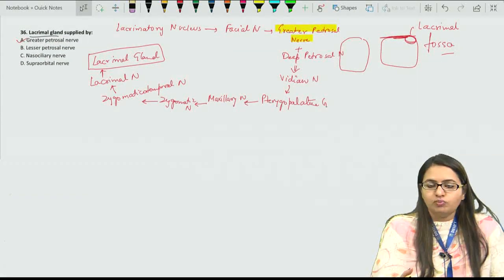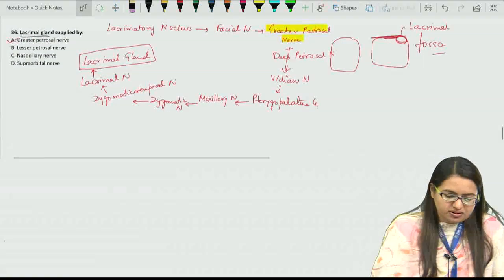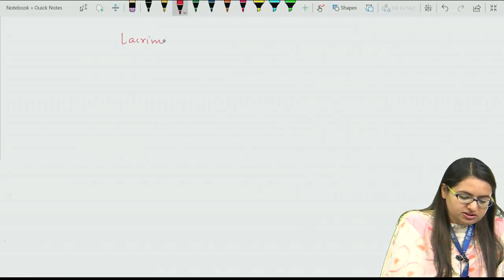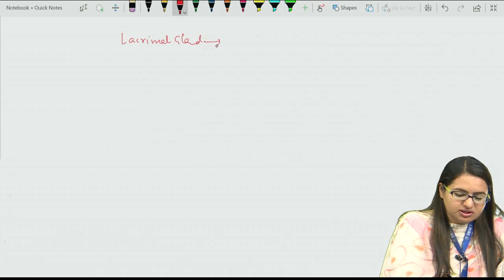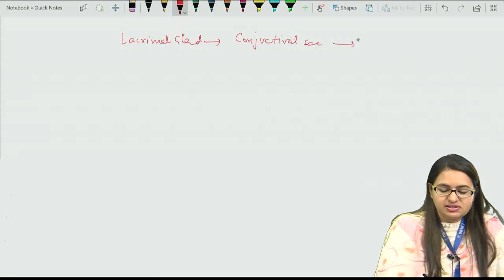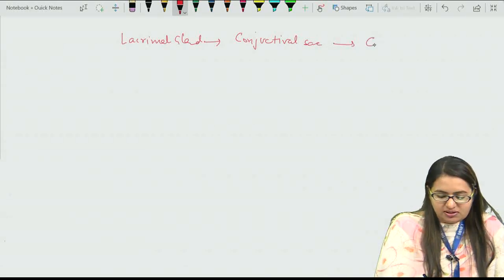The secretions formed in the lacrimal gland pass towards the conjunctival sac. So from the lacrimal gland, the tears which are formed pass towards the conjunctival sac, and from the conjunctival sac through the puncta, they pass through the lacrimal canaliculi, then towards the lacrimal sac.